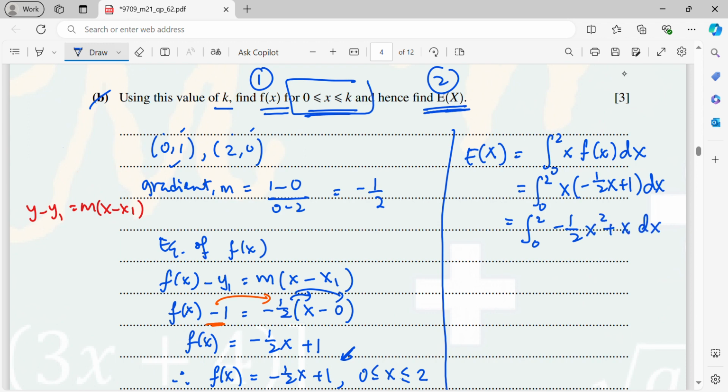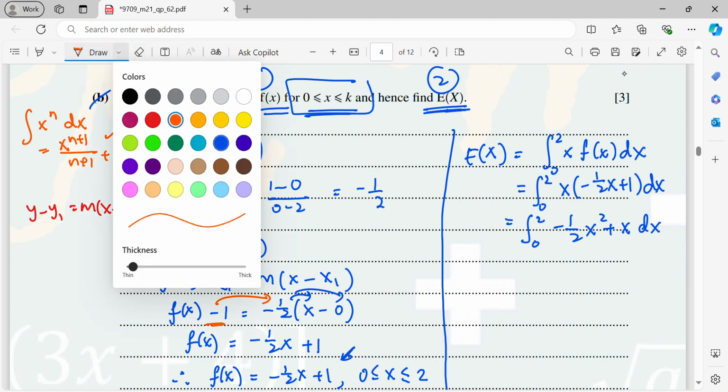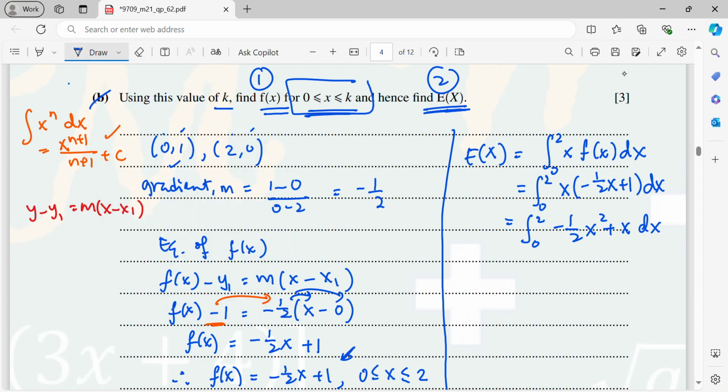When you integrate, our formula is that the integral of x to the power n dx is x to the power n plus 1 over n plus 1, plus c. Use this formula to integrate. Of course, now we are solving a definite integral, therefore there is no plus c. So I will write negative half times x cubed over 3, and the x becomes x squared over 2.